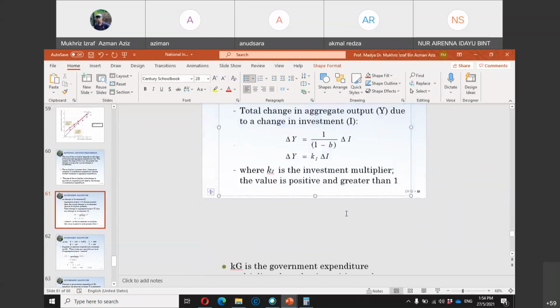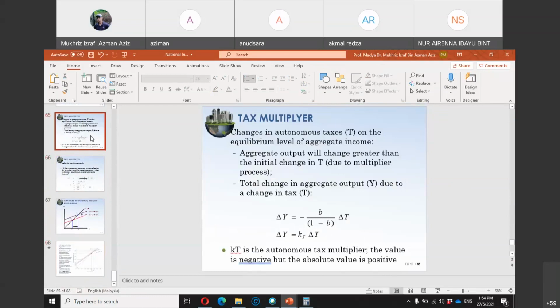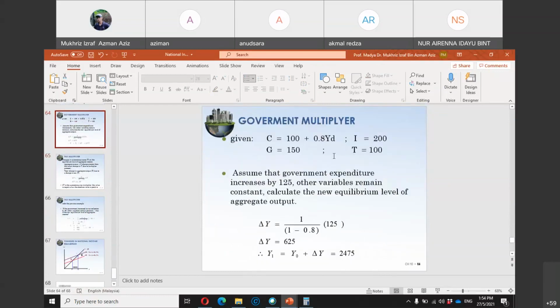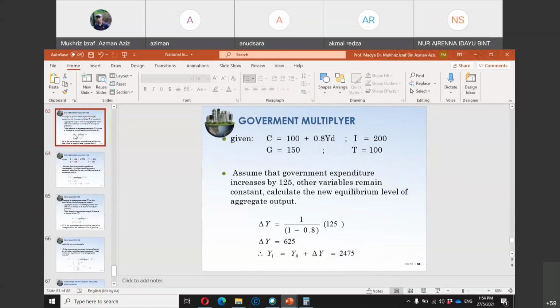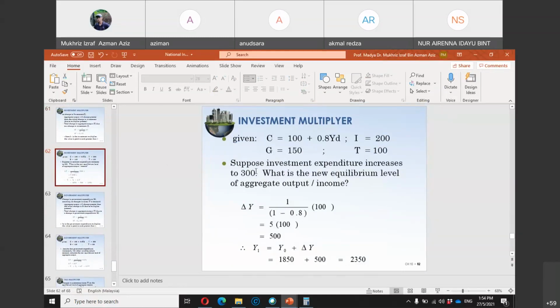So this example here is what the information is about. Original is 200, the new is 300. So 300 minus 200, you get the change to be $100.